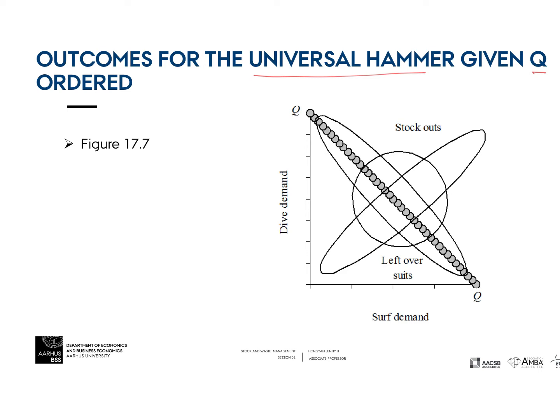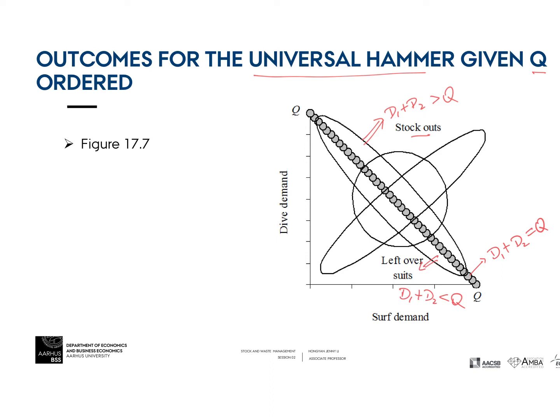On this line, for the two products, the dive hammer and the serve hammer, the total demand equals Q. Under this diagonal line, we have leftover products, because D1 plus D2 is less than Q. Above this line, D1 plus D2 is greater than Q, which leads to stock out. That's the outcome of product pooling.